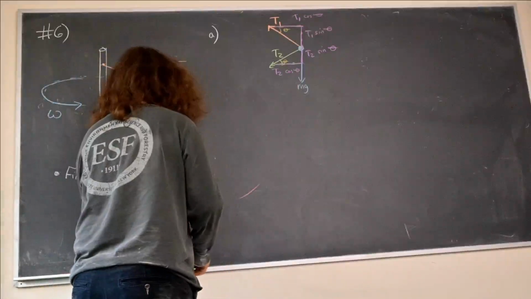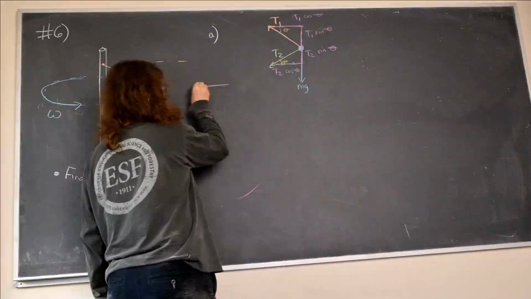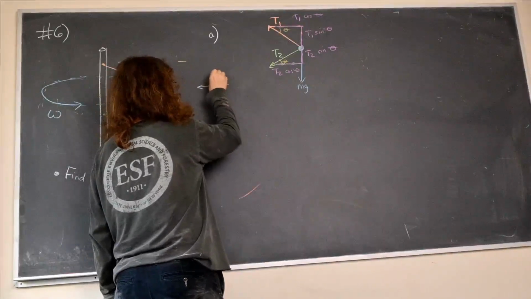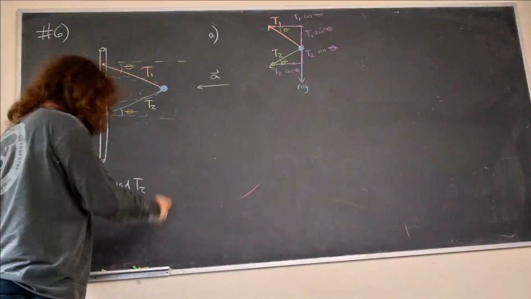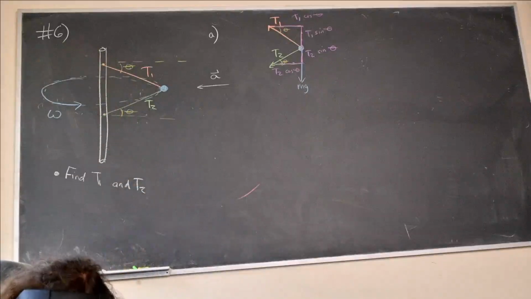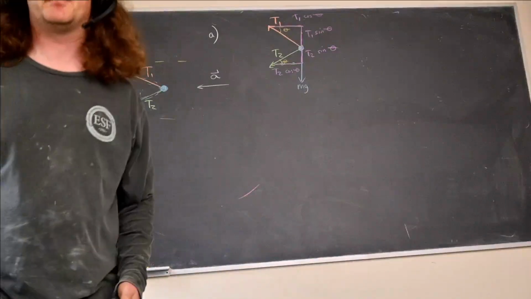We know in this problem that our acceleration vector is pointing inward. There's my acceleration vector. And when I choose a coordinate system, I want to line my coordinate system up with the acceleration vector whenever I can.